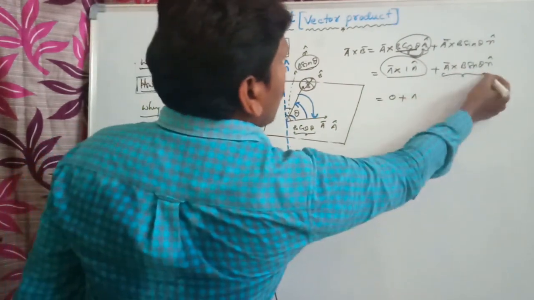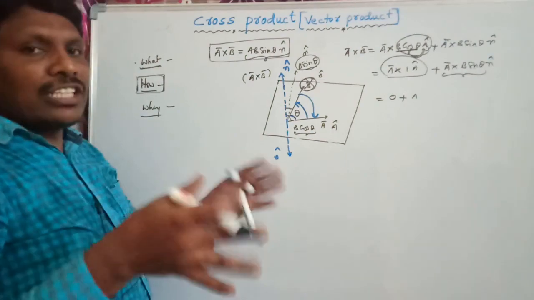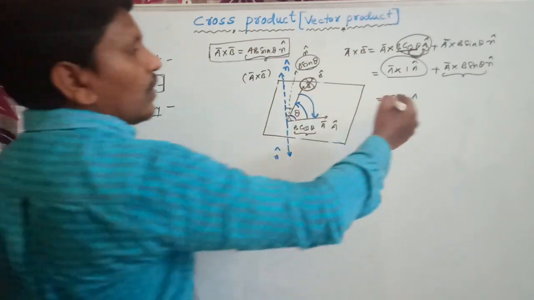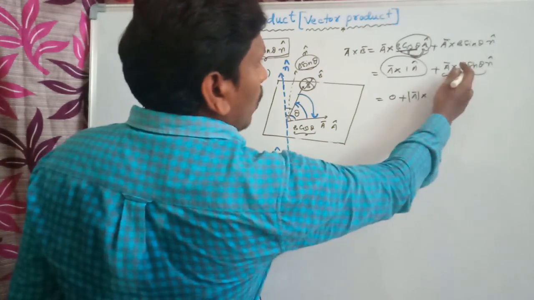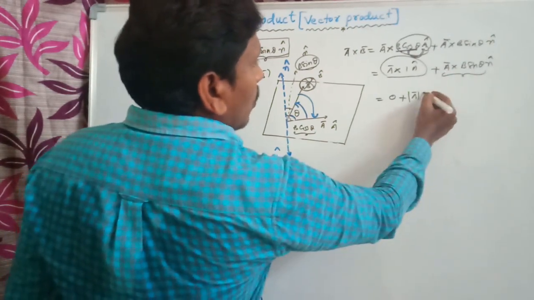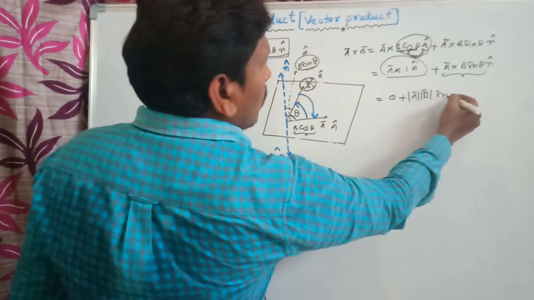Here we have to multiply only the magnitudes, not directions.